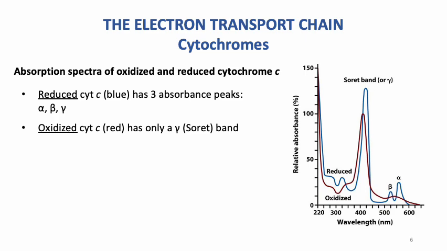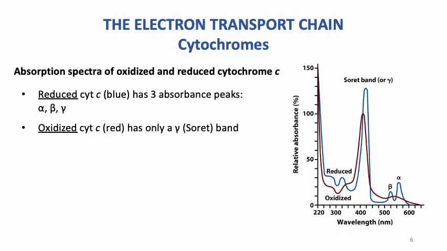Accordingly, the spectra of mitochondrial membranes indicate that they contain 3 cytochrome species, a, b, and c. Within each group of cytochromes, different heme group environments may be characterized by slightly different alpha peak wavelengths.